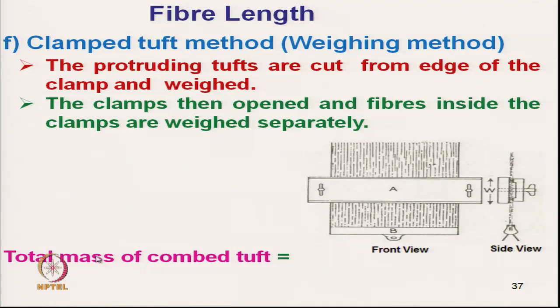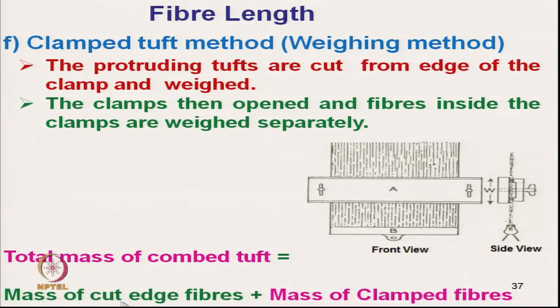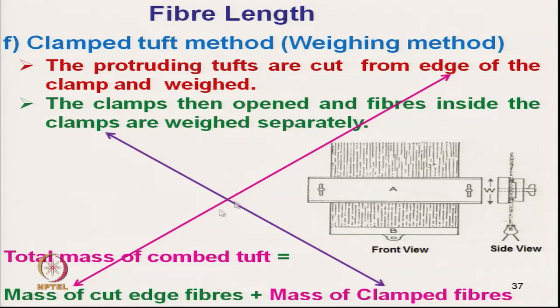The total mass of the combed tuft is the mass of the cut tufts plus the mass of the clamped tuft. This is the clamped tuft. So this is the mass of the cut tuft and the mass of the clamped tuft, and this is the total mass.